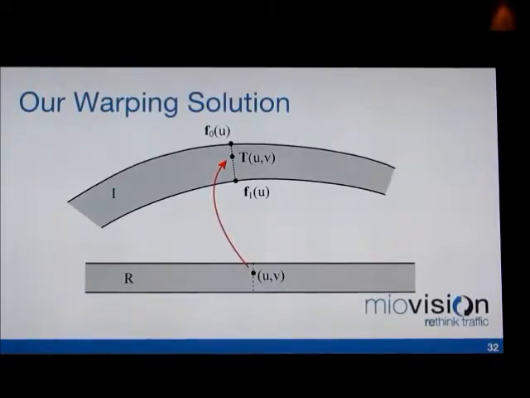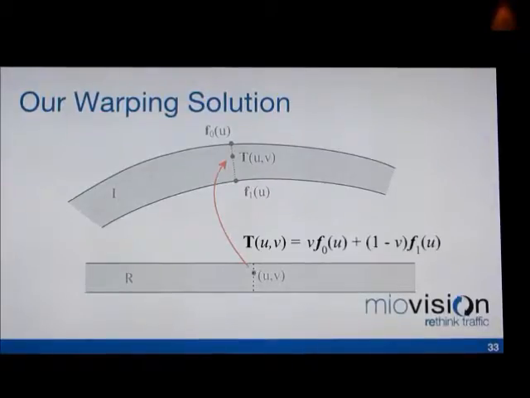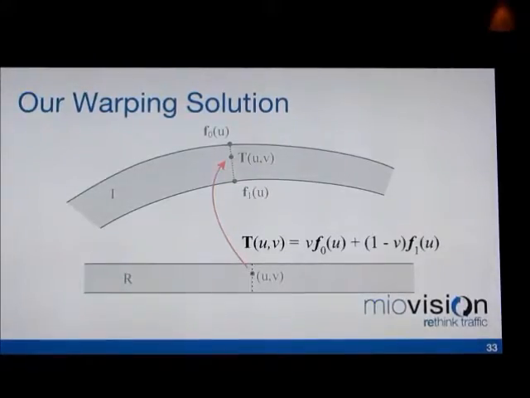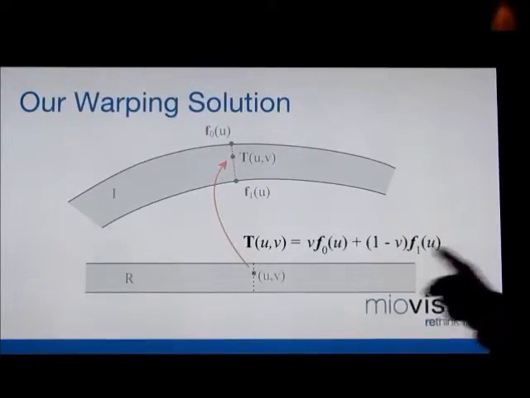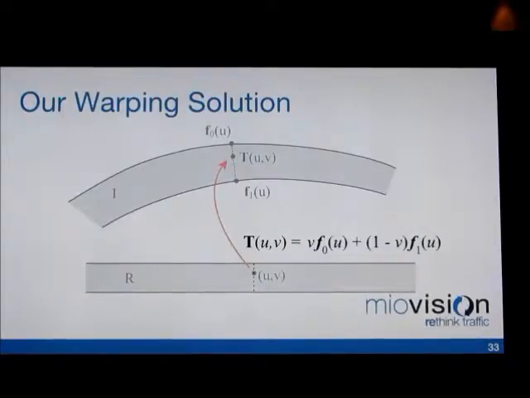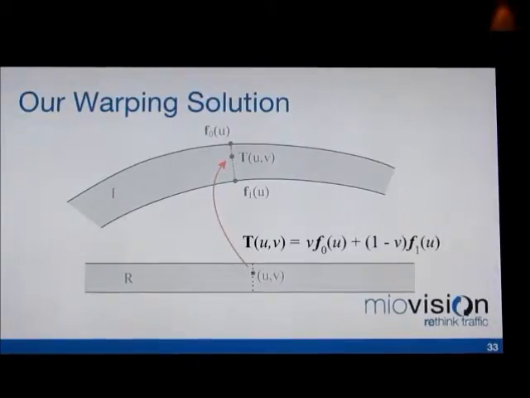In practice, that means we'll be constructing this rectilinear rectified image, R, from our source video image, I, using a transformation T. Given that the lane edges are parameterized by some parameter U, so they're polynomials in U, U gives us the position along the lane, and then we have another parameter V, which gives the position along a line that goes across the lane at those two points.